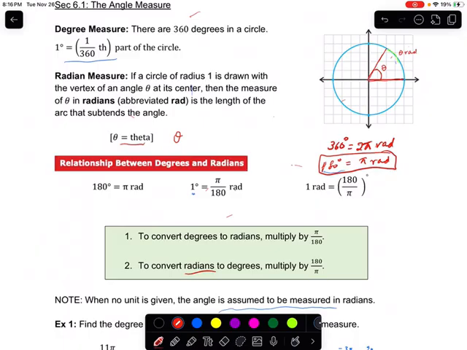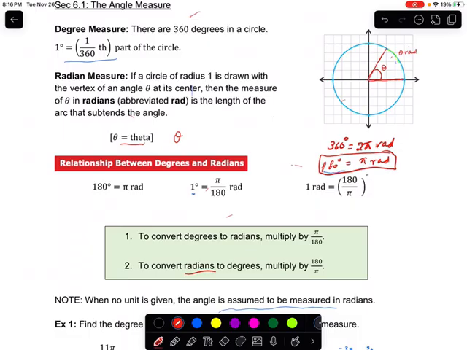Dividing by 2 pi, I get 180 degrees is equal to pi radians, which is a very important equation here. Now this helps us create formulas for conversion between degrees and radians.